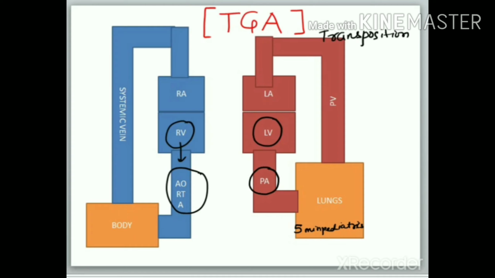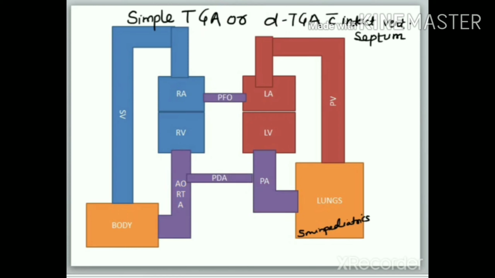The systemic circulation receives only deoxygenated blood. You can see here the blue represents deoxygenated blood, and on the left side only oxygenated blood is circulated: from the left ventricle to the pulmonary artery, then to the lungs, and finally to the left atrium. Life cannot survive through this.